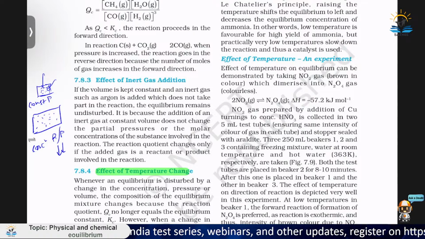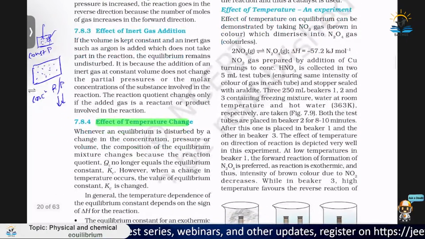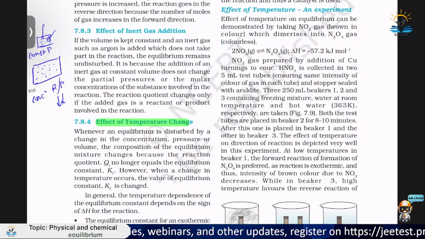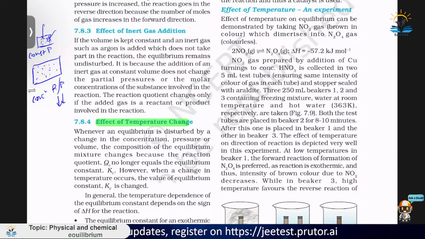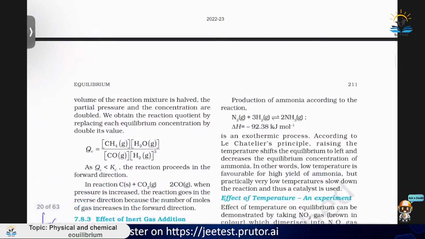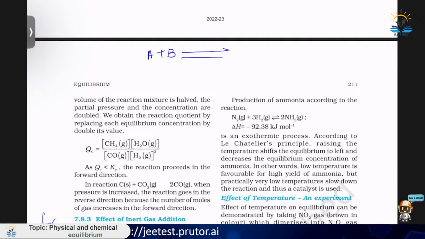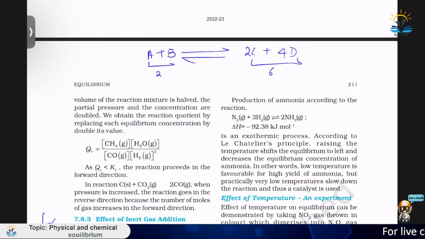Now, if concentration has decreased, it will move to a direction where more amount of matter is being formed. Let me give you an example. If A plus B is in equilibrium with 2C plus 4D, what is the number of moles of reactant? 2, which is forming 6 moles of product.